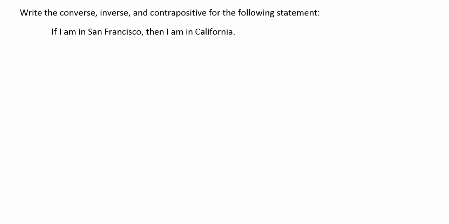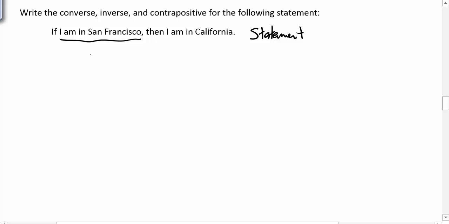So in our original statement, that's this first if-then part, we have the phrase, if I'm in San Francisco, then I'm in California. One very helpful idea is to label which sentence we consider to be P and which sentence we consider to be Q. And that helps us go back to our symbolic definitions as far as how to write out the physical sentence for each one.